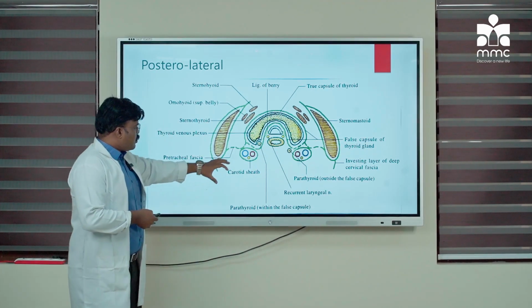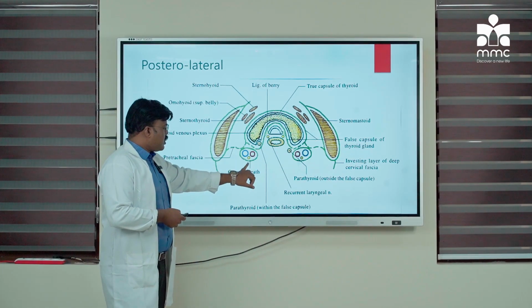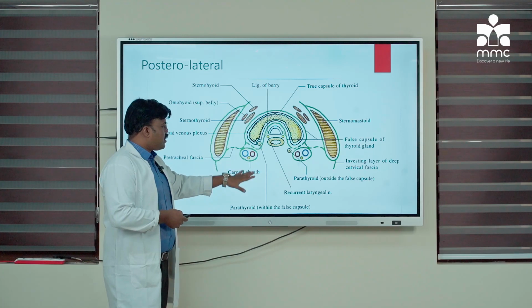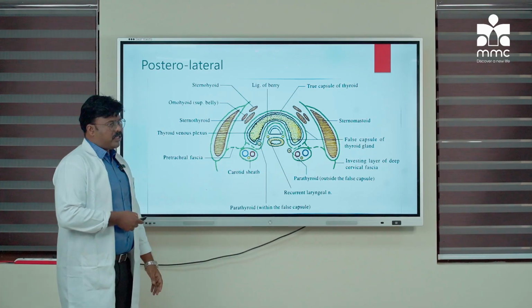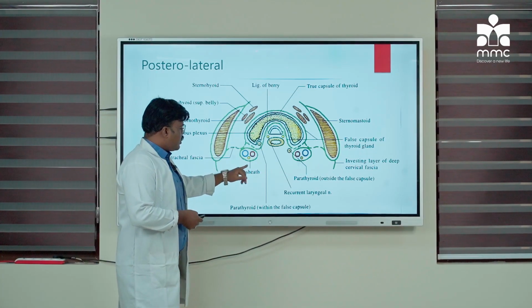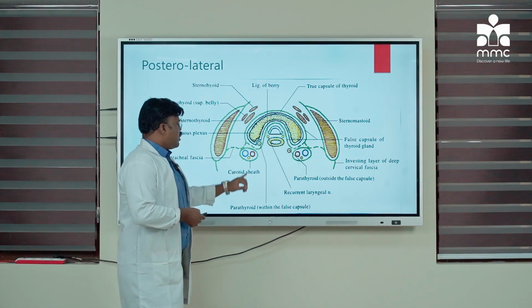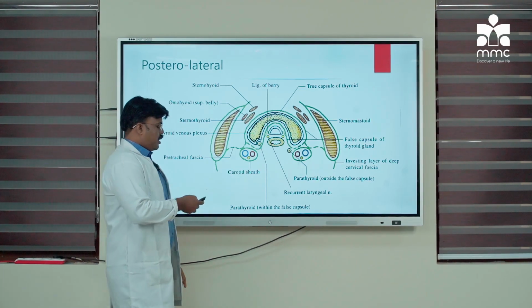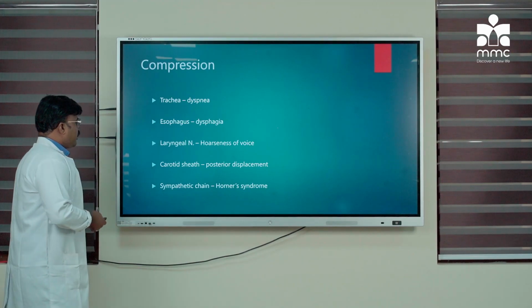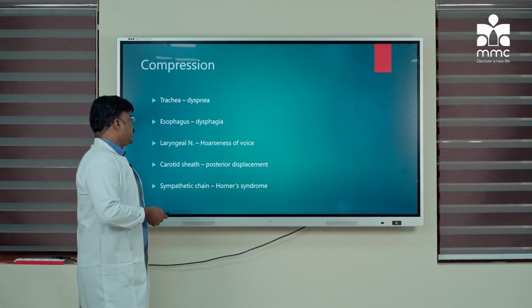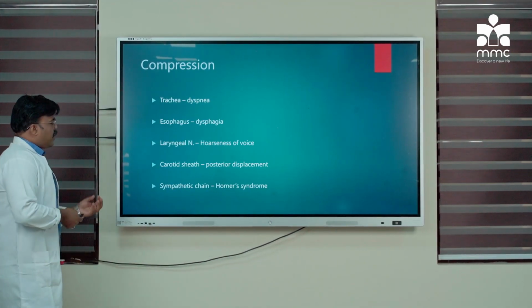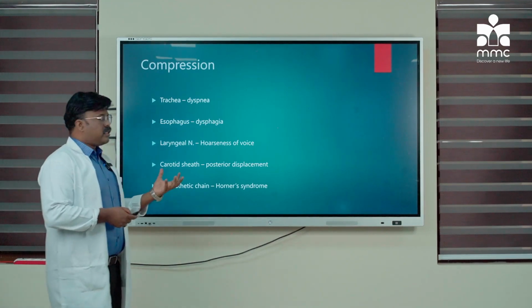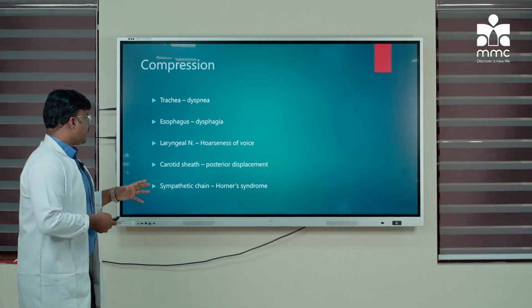If it enlarges posteriorly, it compresses the carotid sheath and leads to posterior displacement, and then if it enlarges further, it compresses the sympathetic chain and leads to the condition that we call Horner's syndrome. So when it enlarges, it compresses the nearby related structures.